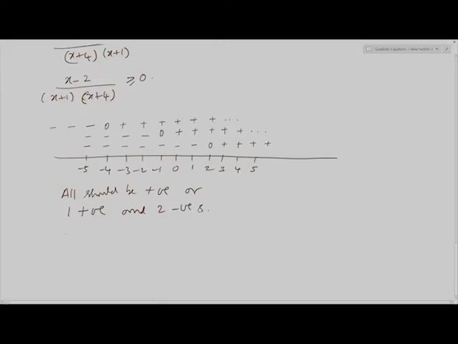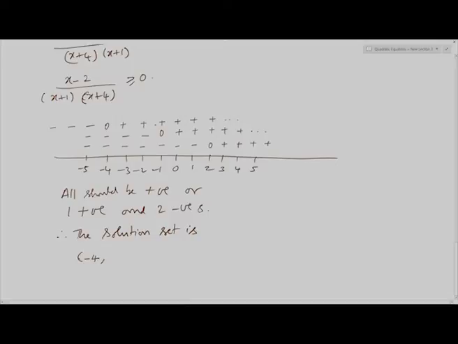Okay. So therefore the solution set is: -4 should not be included because the denominator will vanish. So -4, and similarly up to -1.